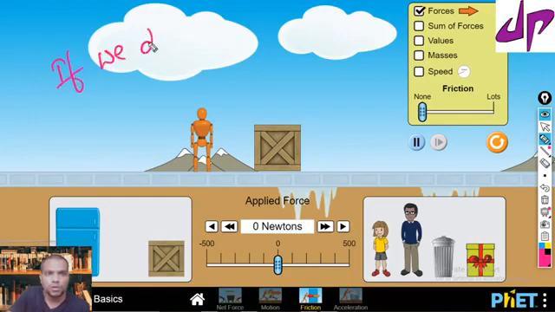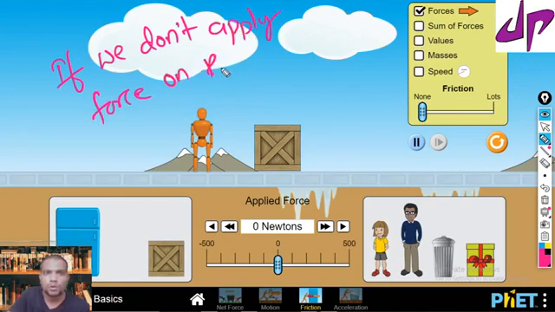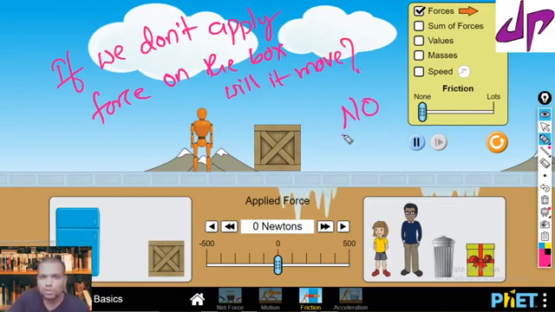If we do not apply force on the box, will it move? The answer is no. The box won't move at all.